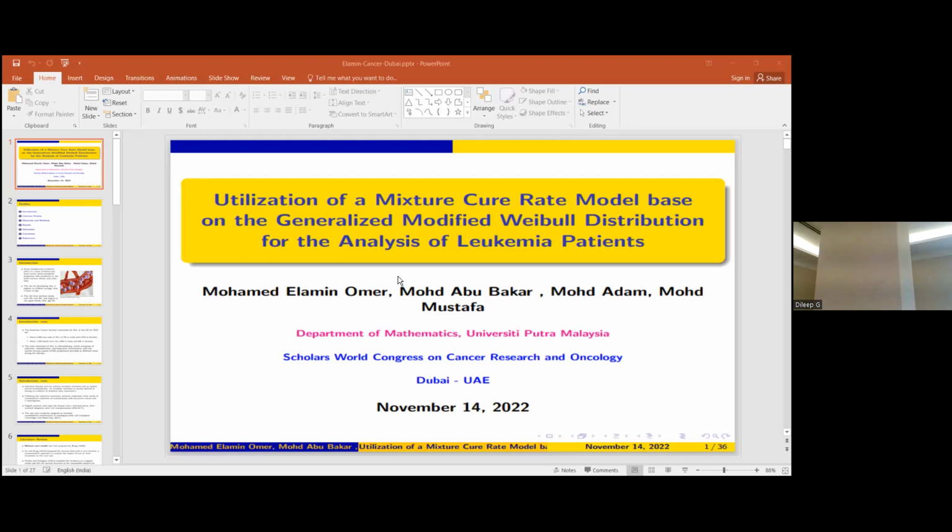This is the sample. But as I said, compared for the population, it's almost the same. We have to be aware of that. This also shows that the mixture cure model based on the generalized modified Weibull distribution or exponentiated Weibull is the better fit for the leukemia data.